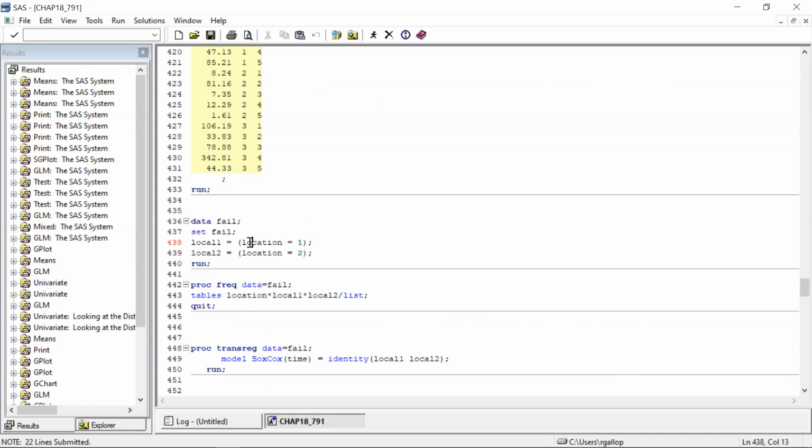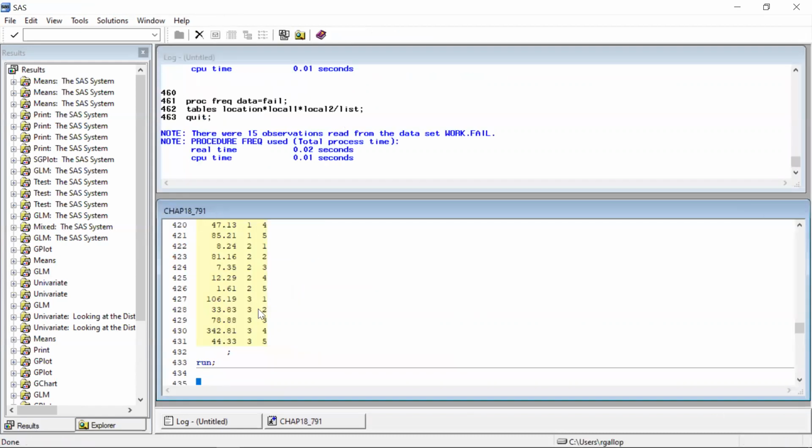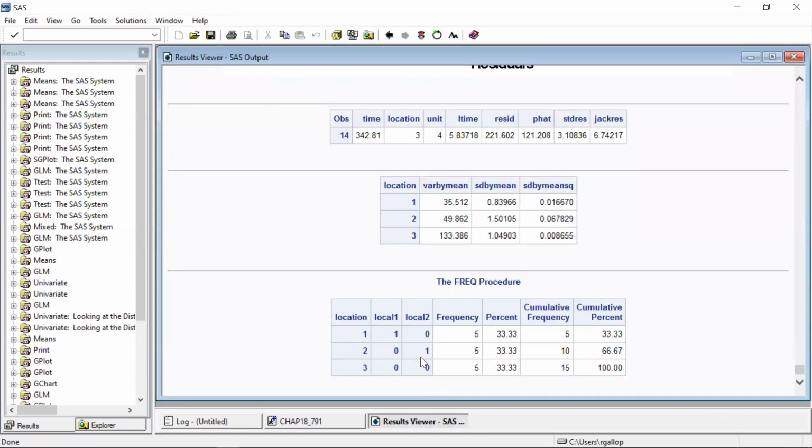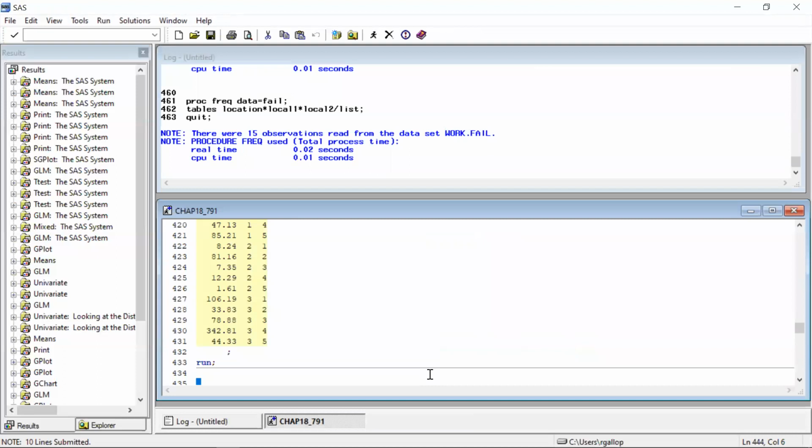These are what we call truth conditions. If the thing inside the parentheses is true, give the variable a 1. If it's false, give it a 0. Using 438 and 439, you see location 1, location 2. So I got my two dummies.